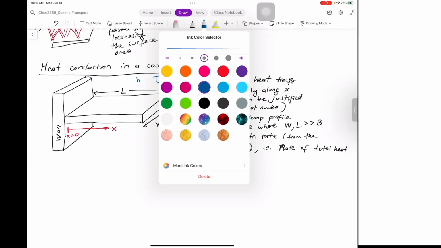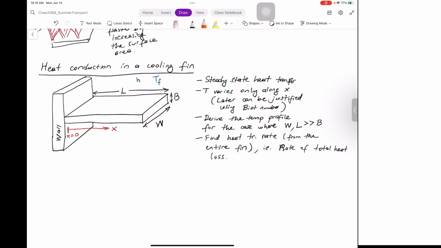Now we can start. We're going to take a shell. Is there any suggestion on how to take the shell? Should I take a shell something like this? What do you think? One very important thing when you take the shell is that within the shell, the temperature should not vary.